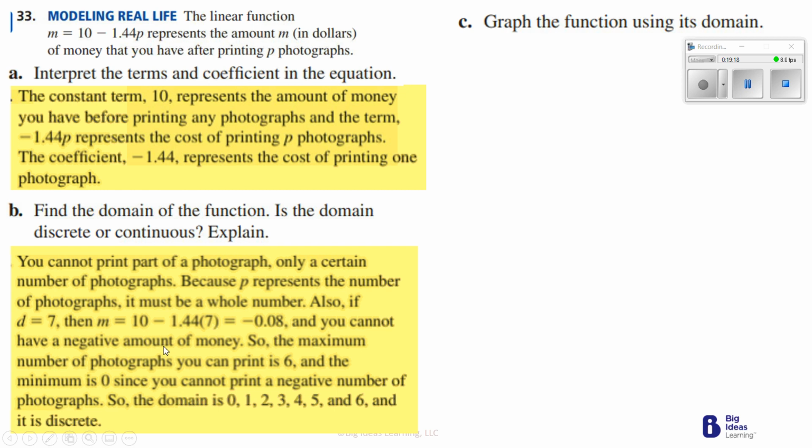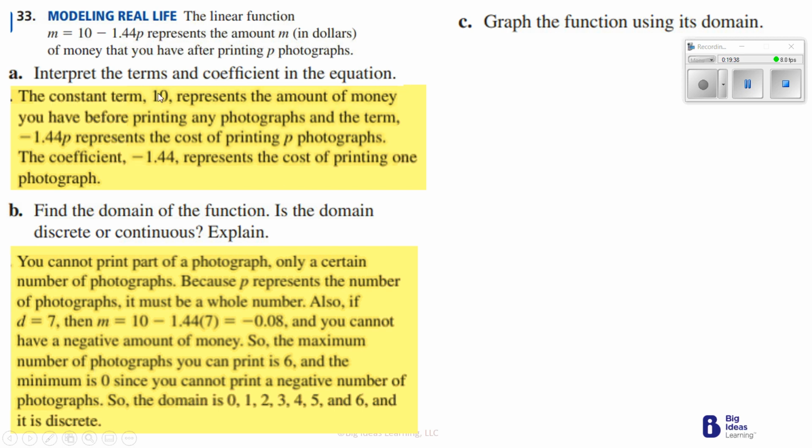And you cannot have a negative amount of money. So the maximum number of photographs you can print is 6. And the minimum is 0, since you cannot print a negative number of photographs. So the domain is 0, 1, 2, 3, 4, 5, and 6. And it is discrete.